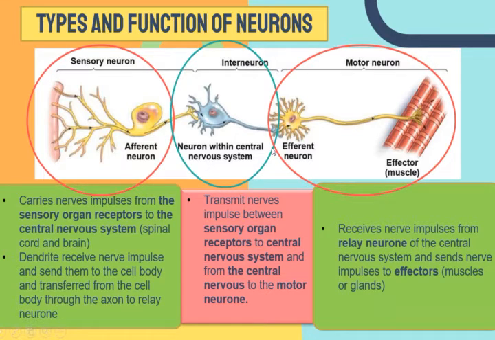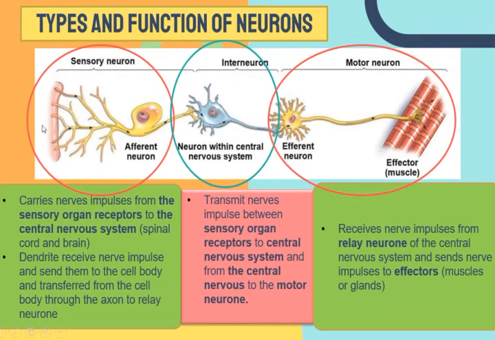The third one is the motor neuron, and the other name is efferent neuron. So the three types of neurons you should know are afferent neuron, interneuron, and efferent neuron.